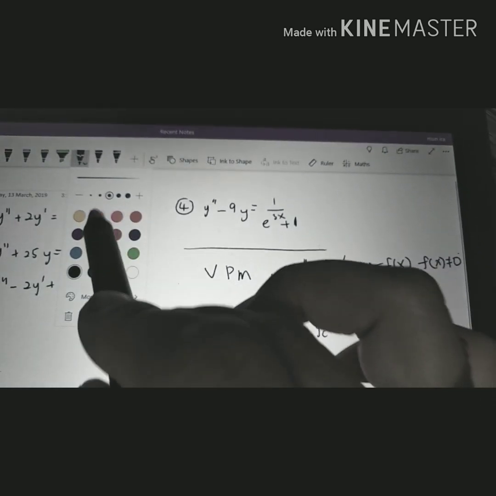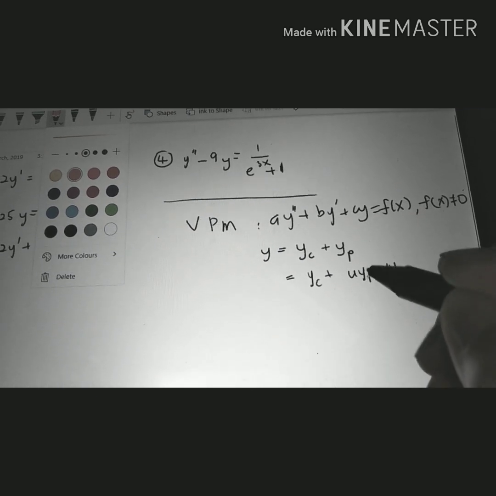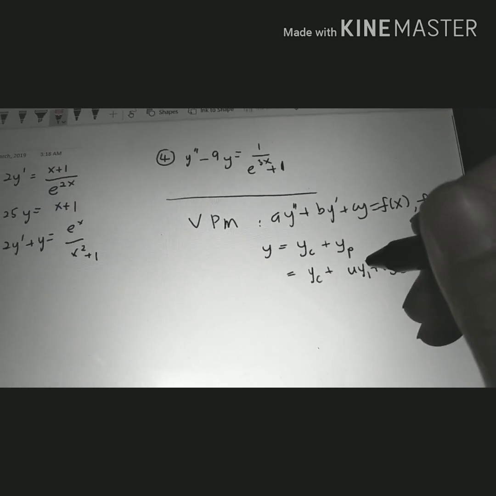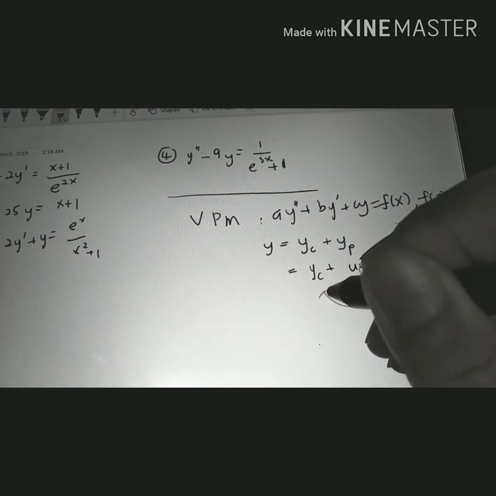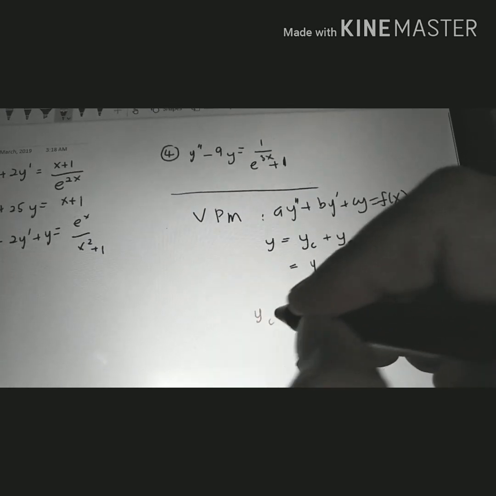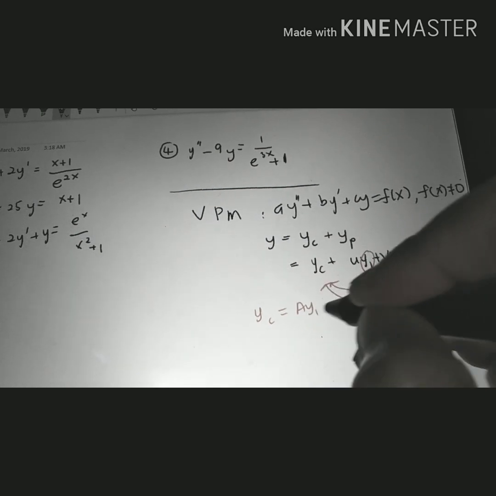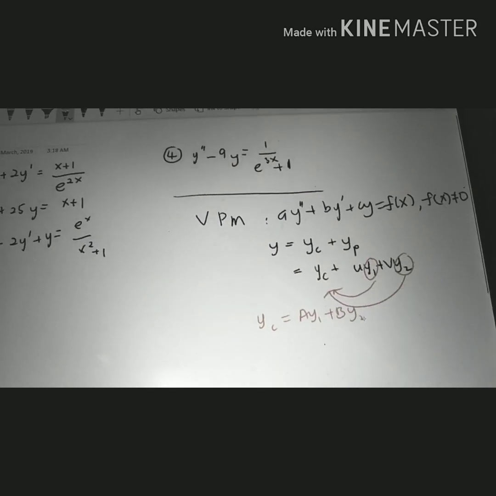As we discussed in class, we know that y1 and y2 come from the homogeneous solution, where yc is a y1 plus b y2.